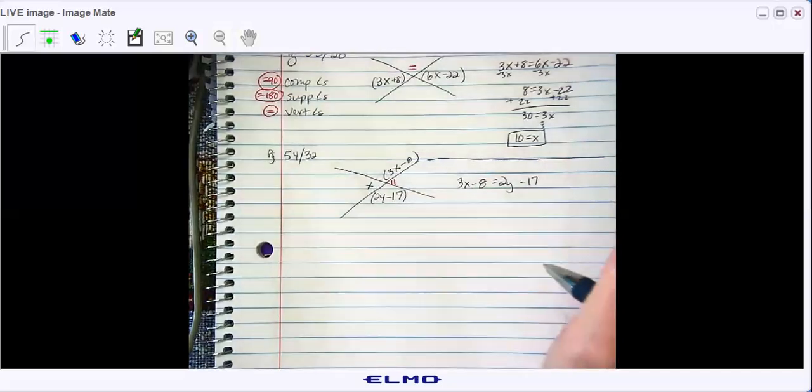So now we have to look and say, what else could I do? Now, that's not totally useless for us, but it's not going to help us the first go around. So if I cover this one up, we're like, okay, I have a straight line, but I still have 2 variables.